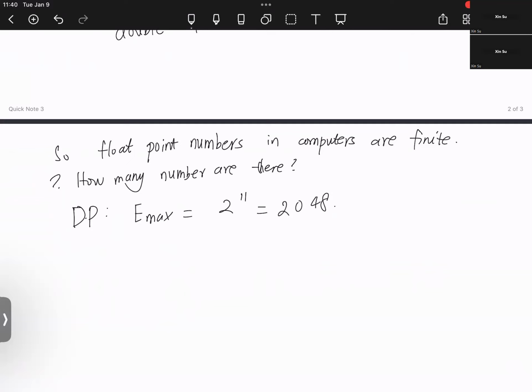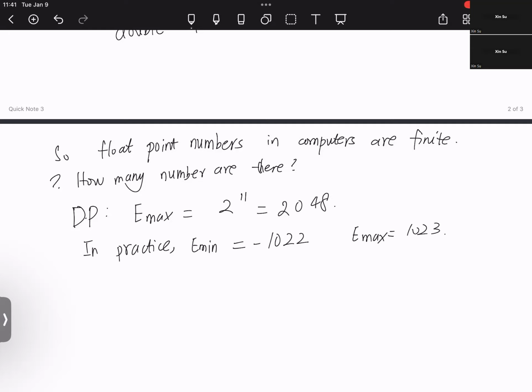But this is theoretical. In fact, we can shift the number a little bit so that we can represent the negative exponent, and also the positive exponent. In practice, the exponent minimum is negative 1022, and the exponent maximum is 1023.